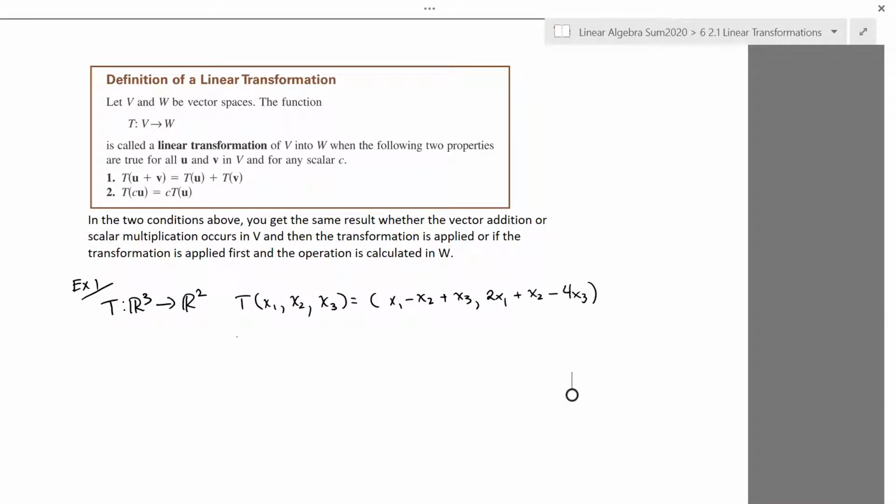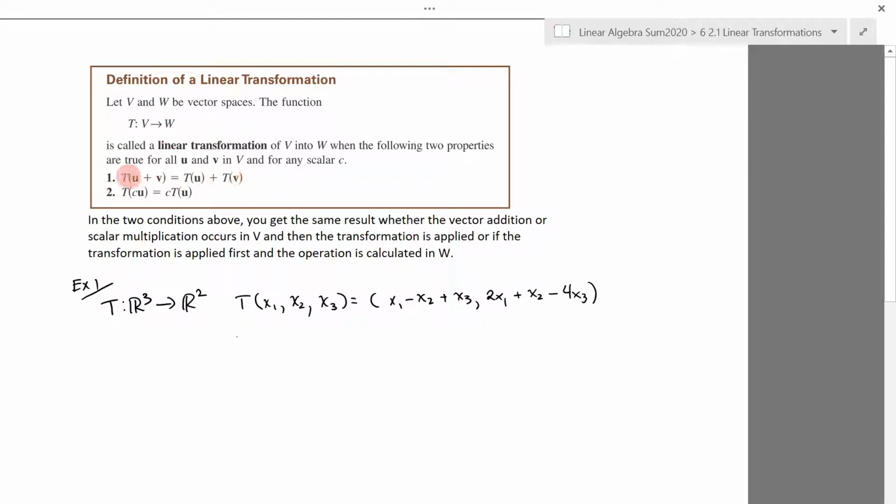Okay, so we said that we want a linear transformation to be a function between vector spaces that preserves the operations of vector addition and scalar multiplication. And these two conditions are exactly what we mean by that, right? So again, a linear transformation is a function between two vector spaces, V and W. So V is specified as the domain and W is specified as the codomain.